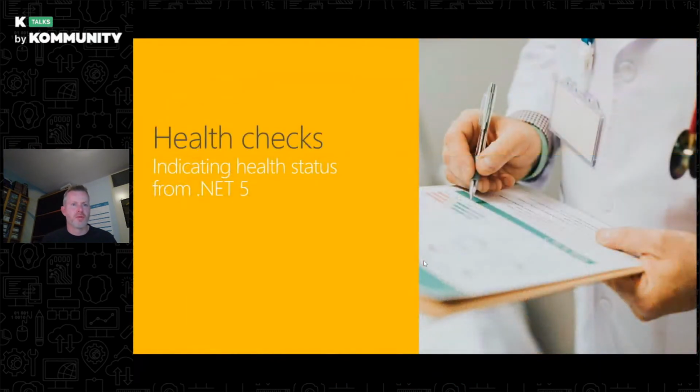Okay, moving on. So far, we've done a lot of things to output information, and we're sending out log information and trace information, and the outside system has to determine what it actually means. Is this a bad thing? Is this a good thing?